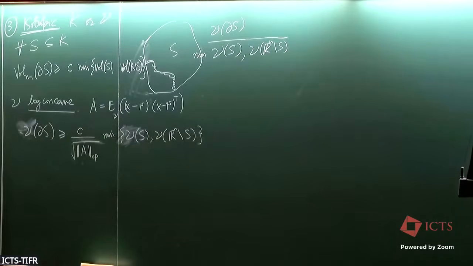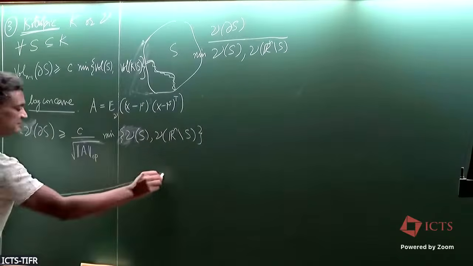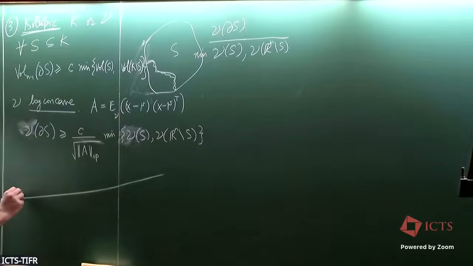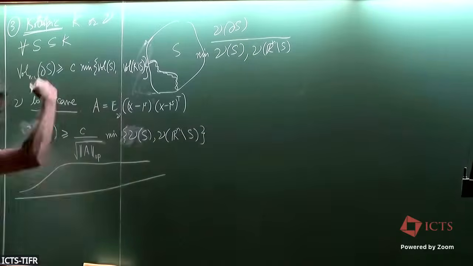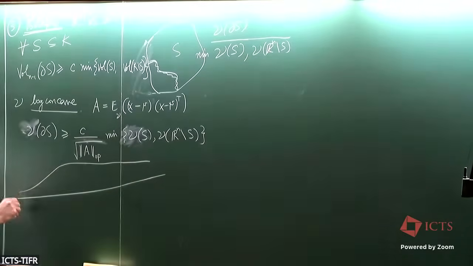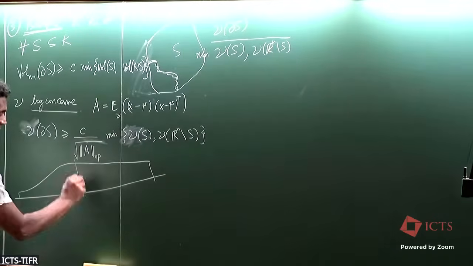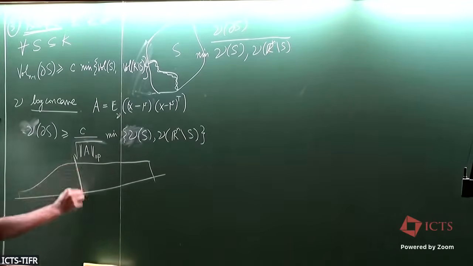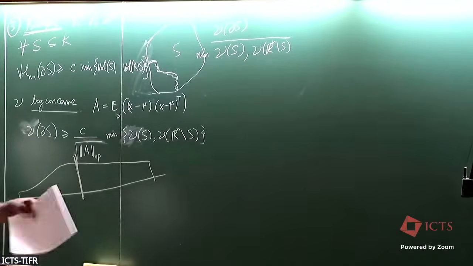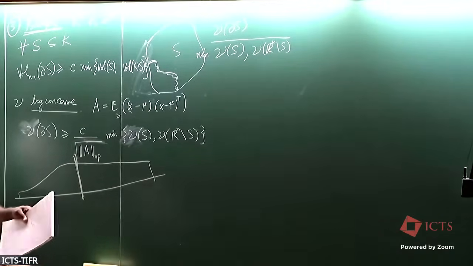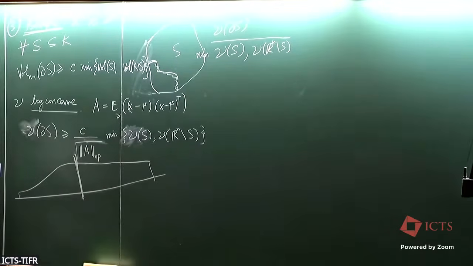And the point is that the covariance matrix is already telling you what the variance is in that direction. And so the projection looks like this, let's say in some direction. If I look at the projection of the distribution, maybe it's something like that, right? And in this direction, we know we picked it because it has the largest variance, which is the largest eigenvalue here. And the point is that for a log concave distribution, the isoperimetry will be 1 over the standard deviation. Just think for Gaussian, right? It's 1 over the standard deviation of the Gaussian.